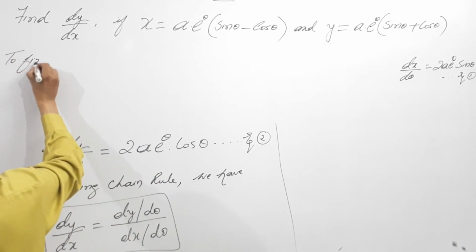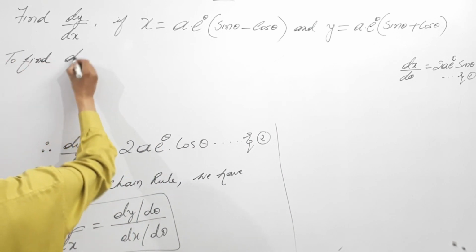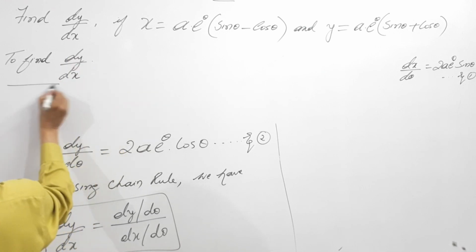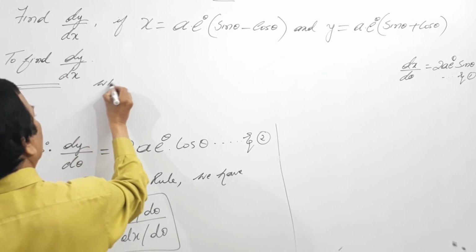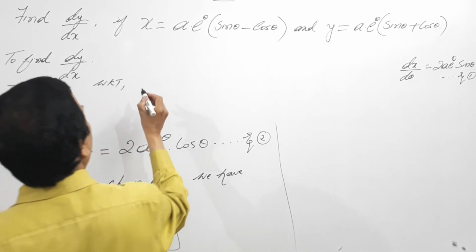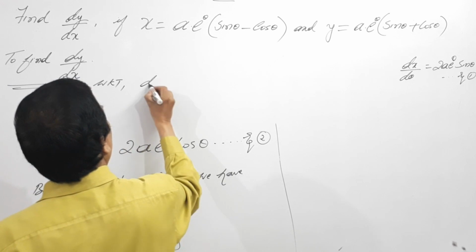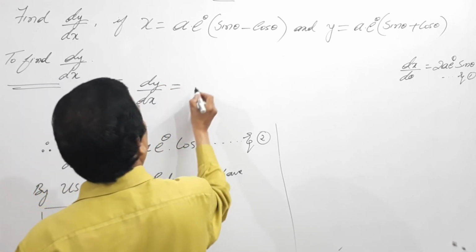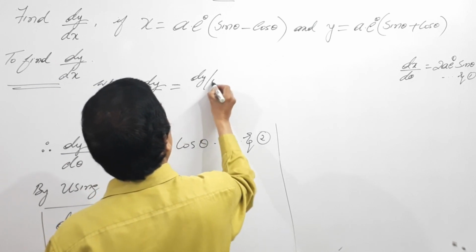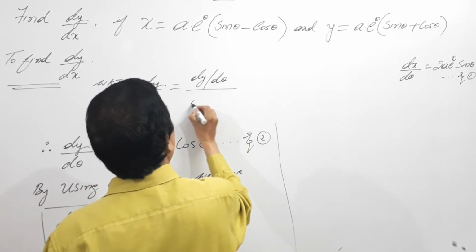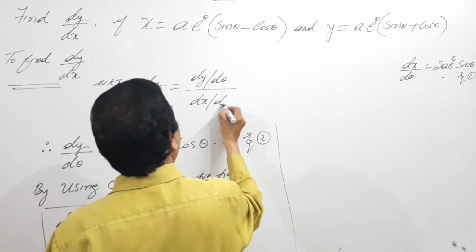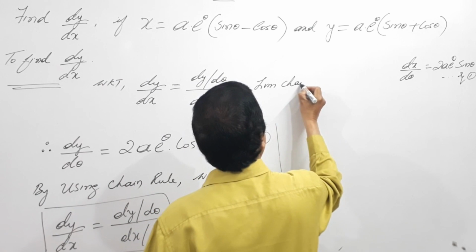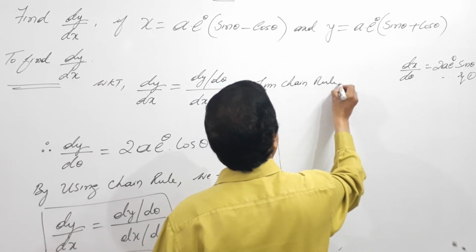To find dy by dx, we know that dy by dx equals dy by d theta divided by dx by d theta, from the chain rule.